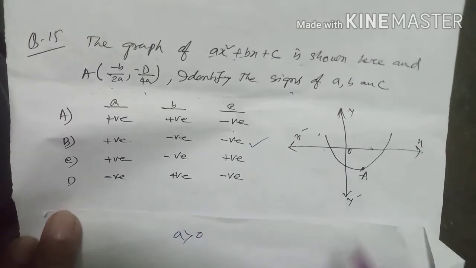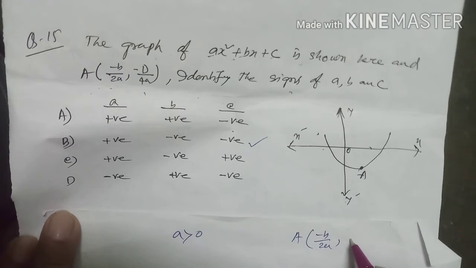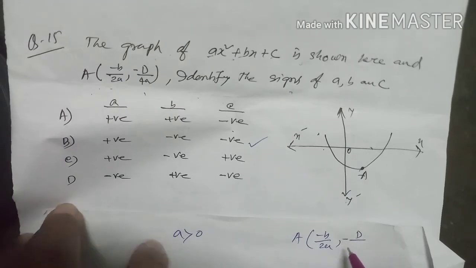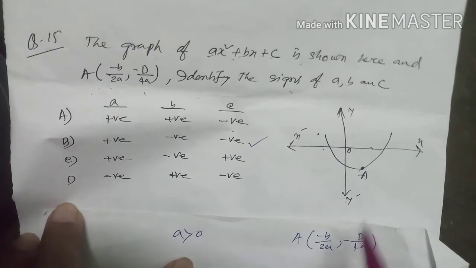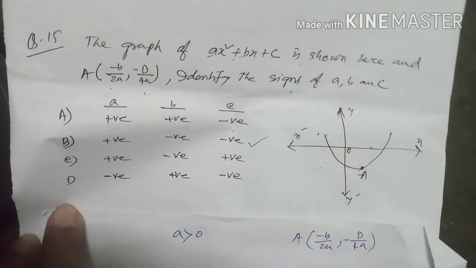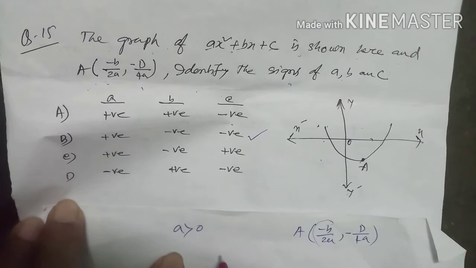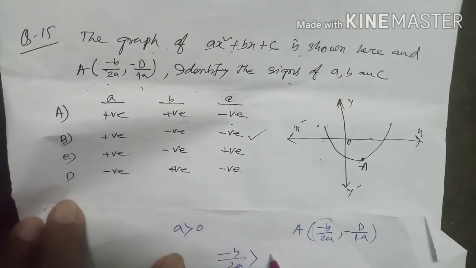Here vertex is (minus b by 2a, D by 4a). The vertex lies in the fourth quadrant. Therefore, in the fourth quadrant x is positive. That means minus b by 2a greater than 0.